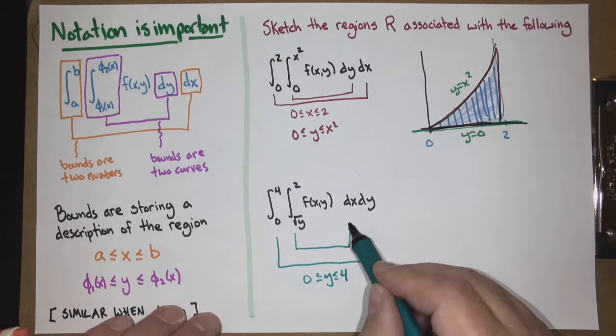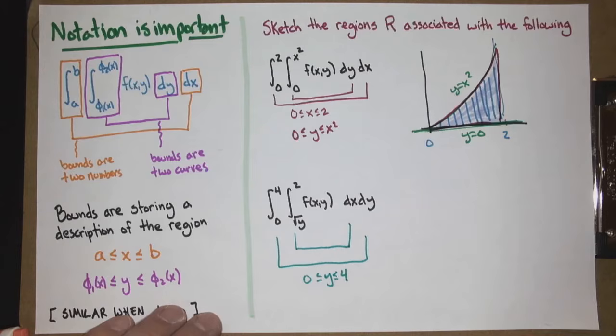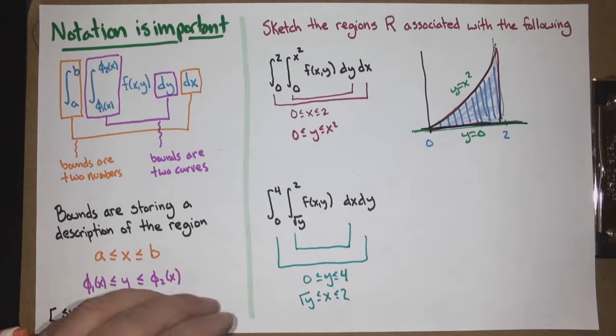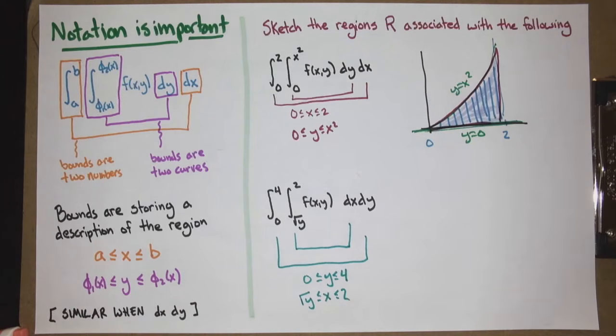What can we say about x? Square root of y less than or equal to x less than or equal to 2. It's in the bounds. Everything we need is stored in the bounds.